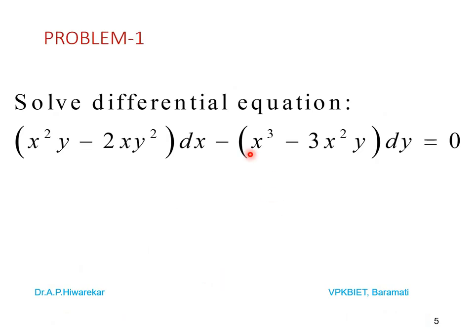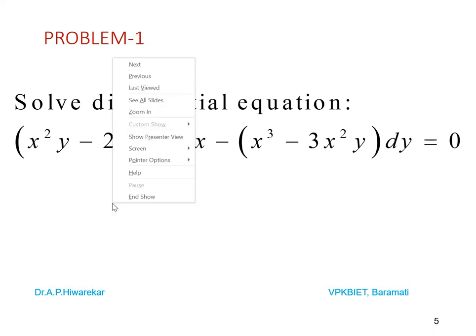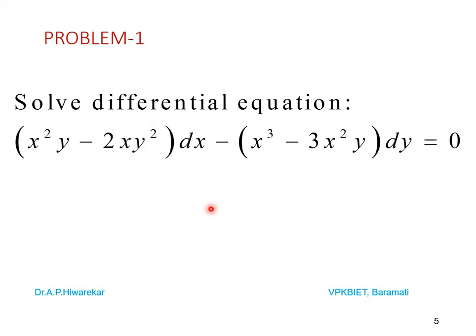So problem number 1. Solve the differential equation (x²y − 2xy²)dx − (x³ − 3x²y)dy = 0. We can easily observe this equation can't be written in the variable separable form.